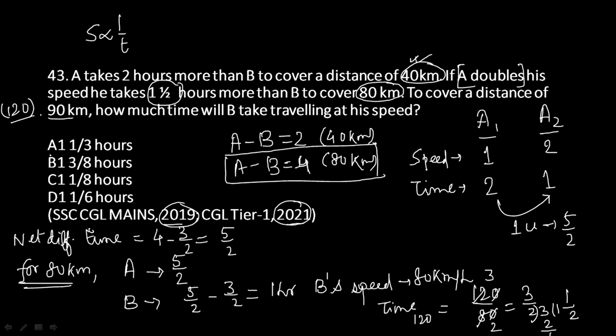It will be 1 and 1 by 2 for 120 km. Now for 90, I am solving it here, it will be 90 upon 80. It will be 1 and 1 by 8. So option C will be correct for 90 km.